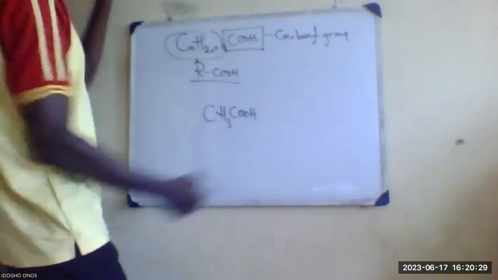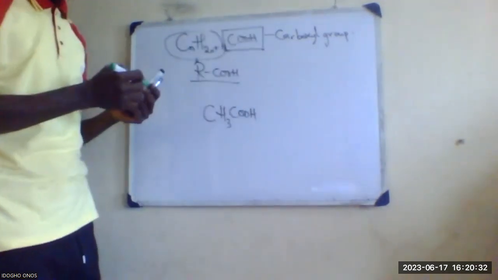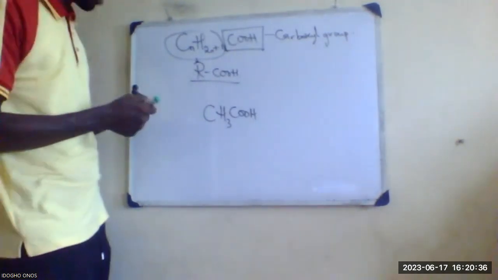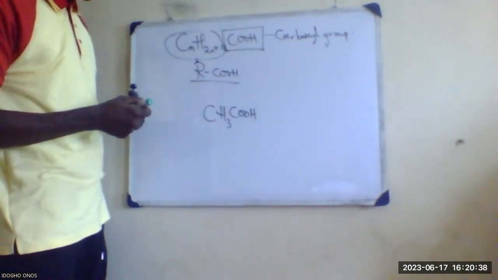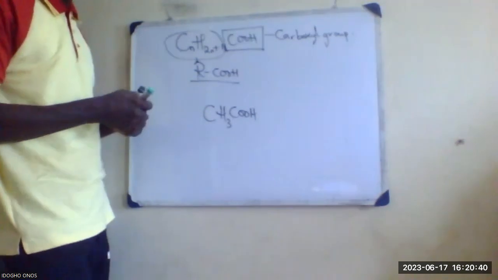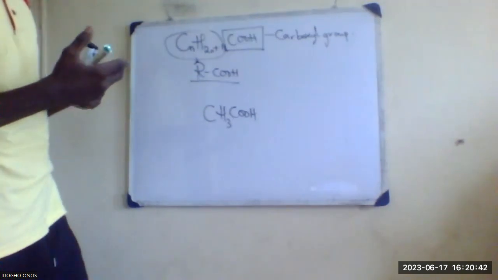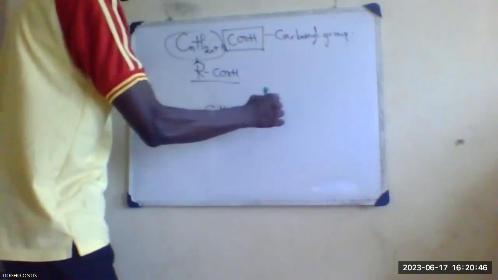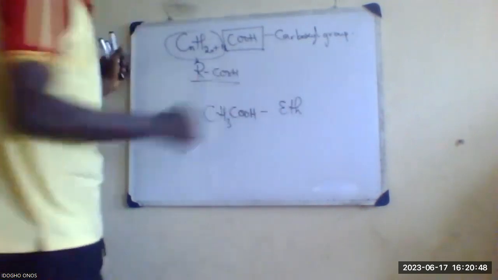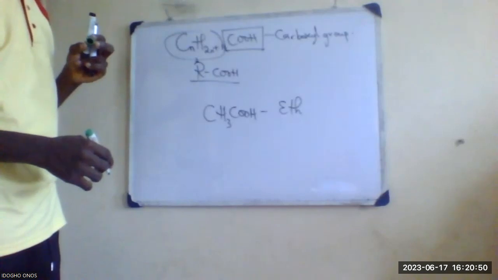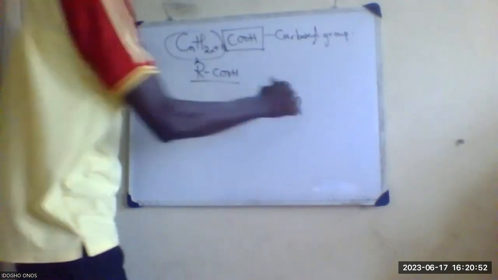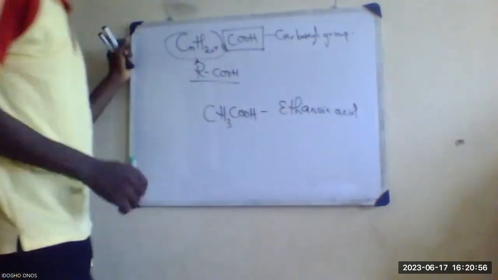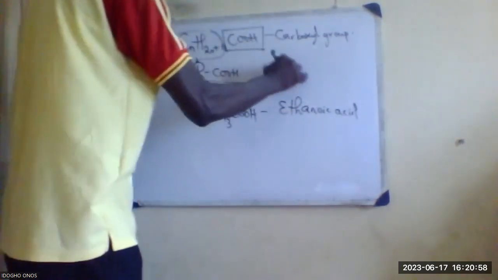Now, how do I name this compound? How many carbon atoms is this, madam? It's one. Are you sure? Look at it. Sorry, 2 carbon atoms. What is the parent name? Eth. So this is ethanoic acid, from the word ethane.